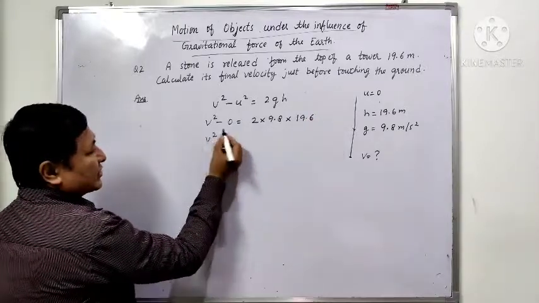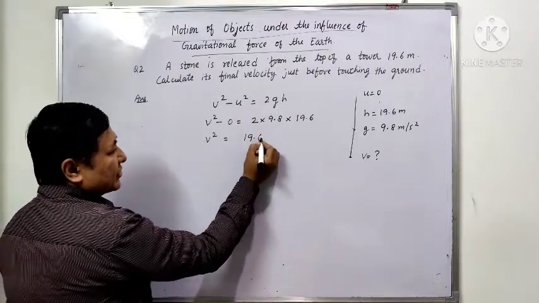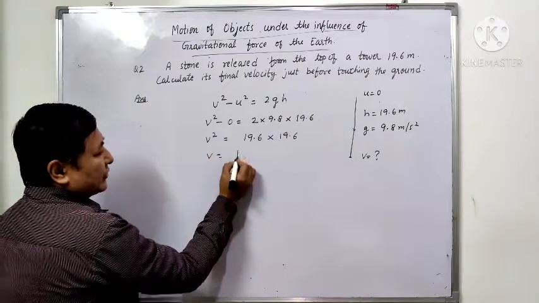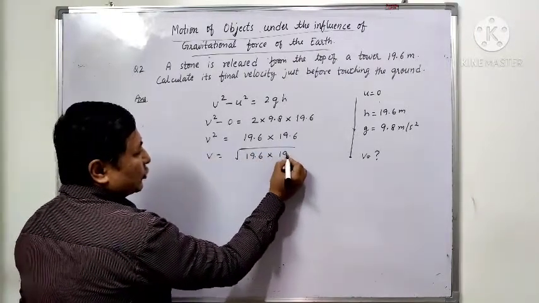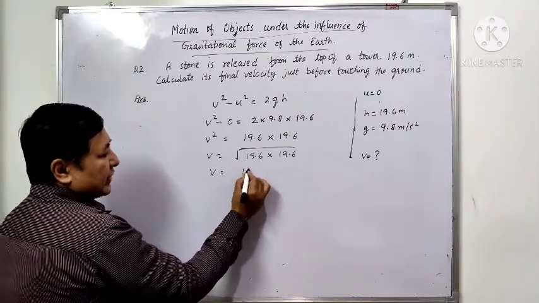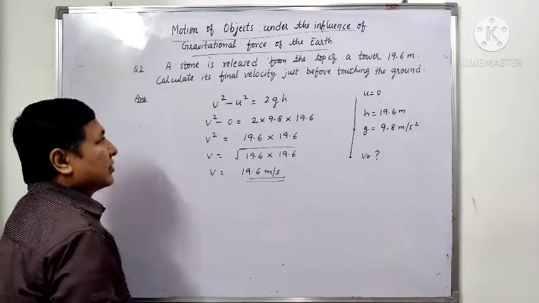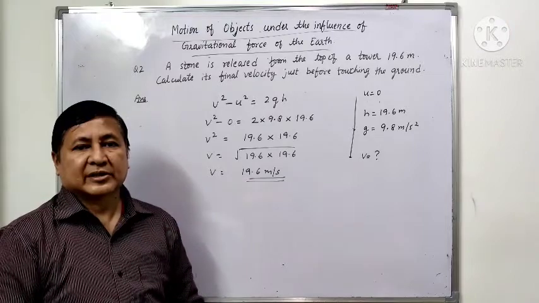So v square minus 0 is v square, equal to 2 into 9.8 is 19.6 into 19.6. So v is equal to under root of 19.6 into 19.6. When we solve it, v will be 19.6 meter per second. So the final velocity just before touching the ground is 19.6 meter per second.